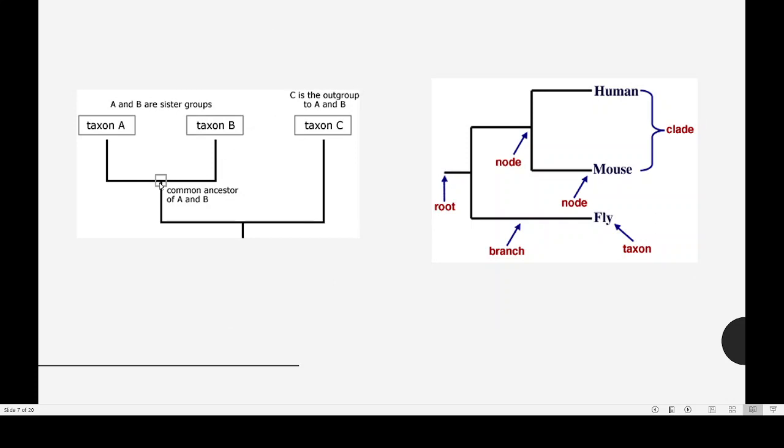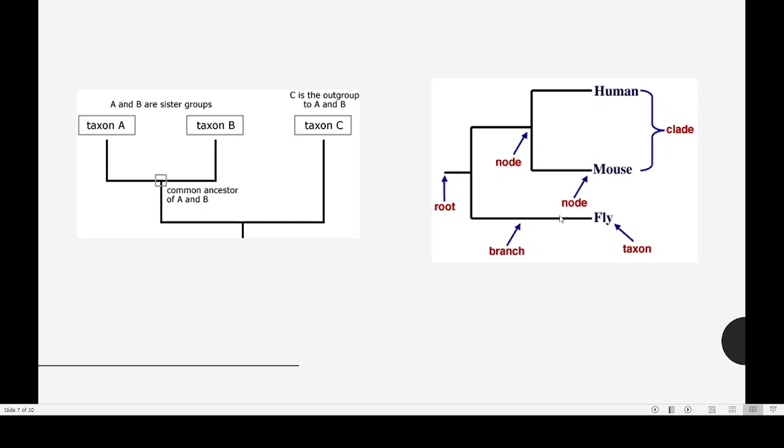So this is one ancestor, and taxon A and taxon B are descendants formed from it. So we call this entire area a clade. A clade means one common ancestor and two or three species which have formed or evolved from that common ancestor. So the common ancestor and the newly formed species are all part of the clade. That is how we define a clade.